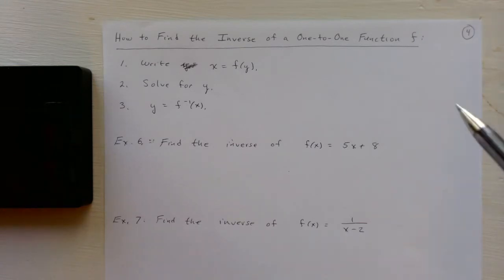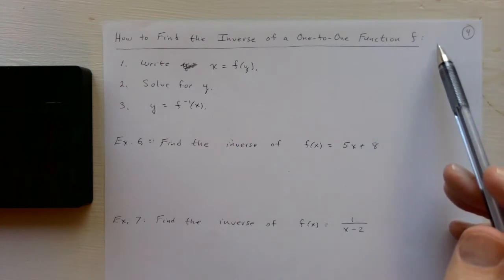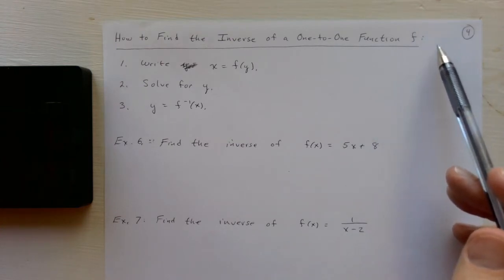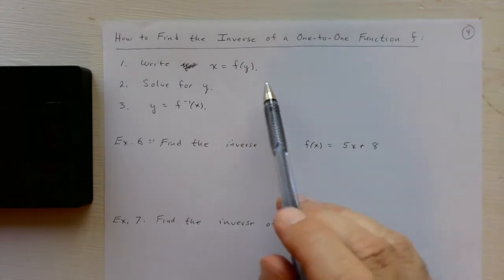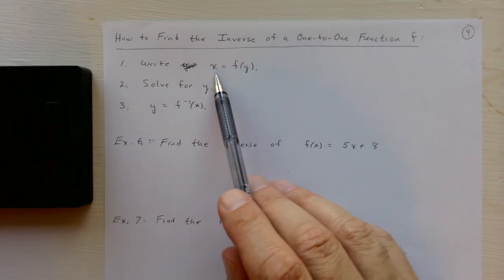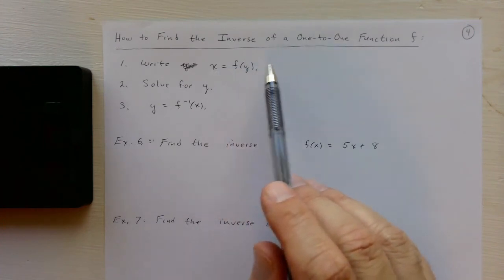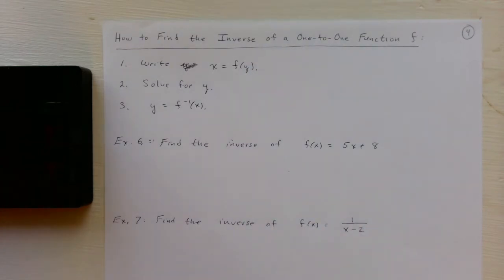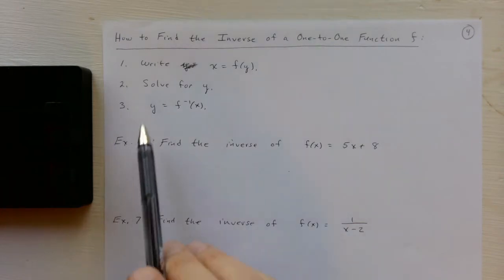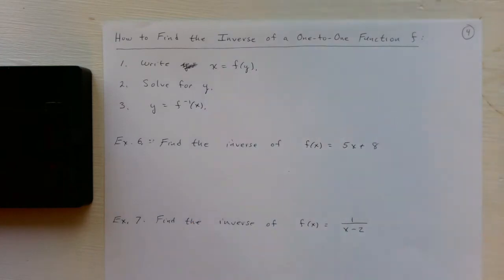If we're given f as a function of some variable, maybe x or some other letter, you replace that letter with y, write f of y, and set that equal to x. So all you're doing is writing f as a function of y. Then the hard part is we solve for y, in terms of x.